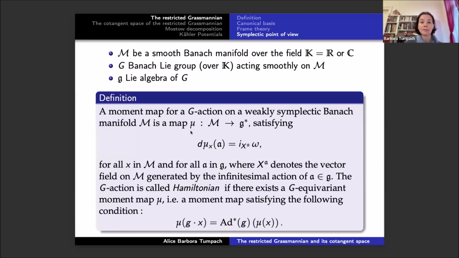And we say that the moment map mu is equivariant if it's equivariant with respect to these two actions, so the original action of G on M and the coadjoint action of G on the dual of its Lie algebra. If this is the case, then we say that the action is Hamiltonian, and mu is a corresponding moment map. So here is again the equivariance with respect to the action by G on M and the coadjoint action on the dual space of the Lie algebra of G.